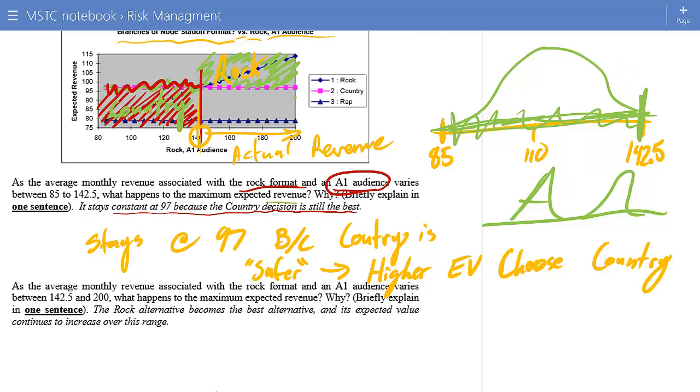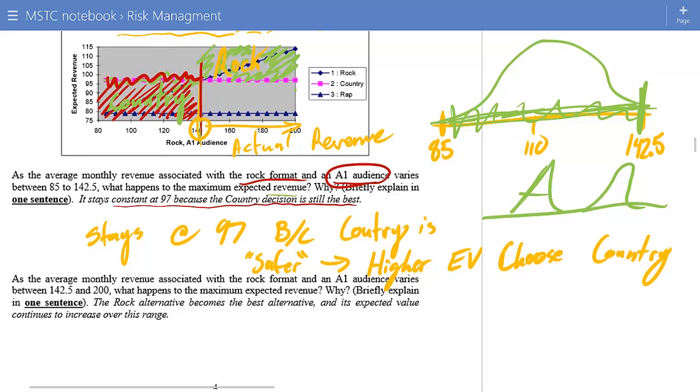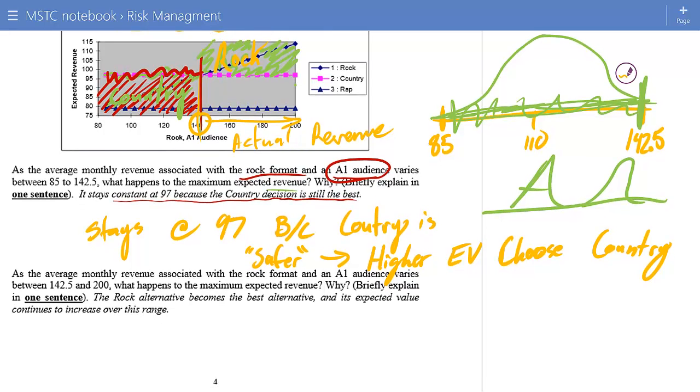Then the follow-up question is, what happens to maximum revenue, which is describing this area up here, in which you switch over to rock. So rock becomes more profitable, despite the lower probability.